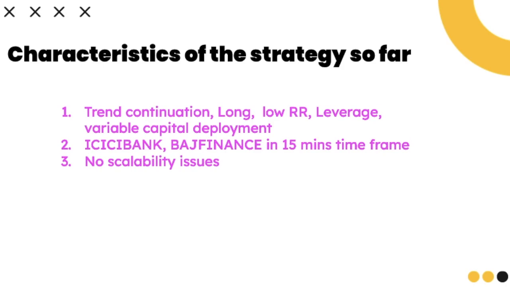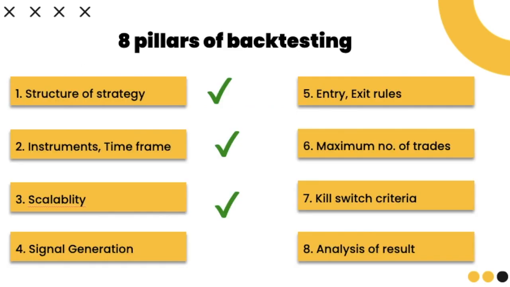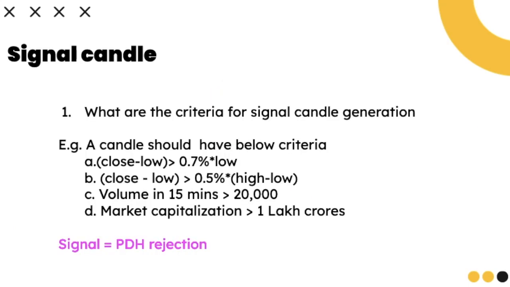Now we have covered the first three pillars of the backtesting, and now comes the fourth, signal generation. The signal generation is the part of the strategy where a certain criteria is met by the candle and then the signal is generated. For example, hypothetical case again. Let us say the signal is generated every time the following four criteria are met.